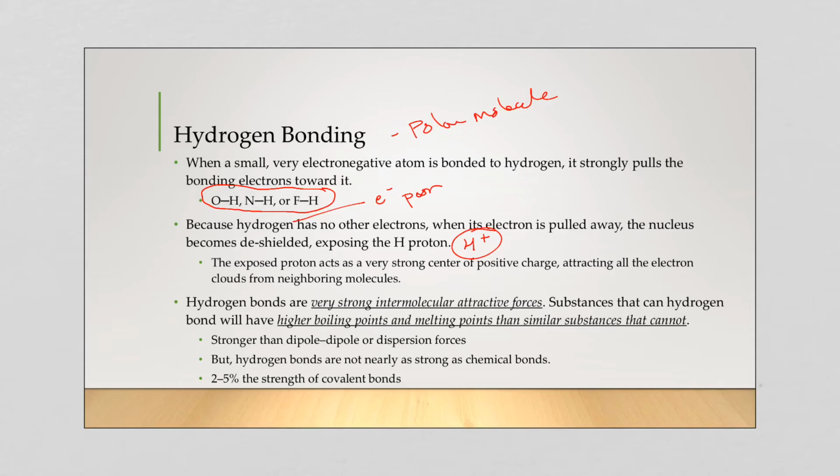But the bottom line is that exposed proton with that positive partial charge starts attracting electrons from neighboring polar molecules, and this allows for the development of dipole-dipole, but because the hydrogen is attached to one of these electronegative atoms, that interaction can be extremely strong because of the strength of the positive charge that we see compared to what it might be in other types of polar molecules.